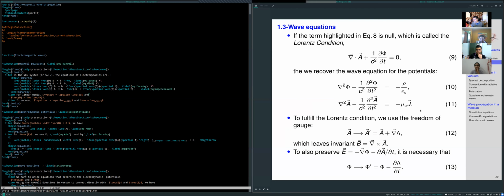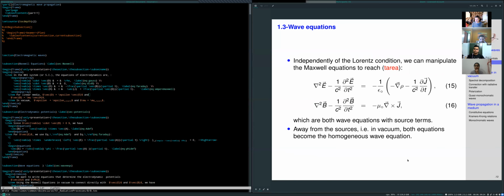If you do it the brute force way, we need to find A and phi so that they are solutions of the wave equation given the forcing terms J and rho, the electric charge density. And make sure also that A and phi fulfill the Lorentz condition. Okay, if they do not, then we need to do the freedom of gauge and find lambda so that they do.